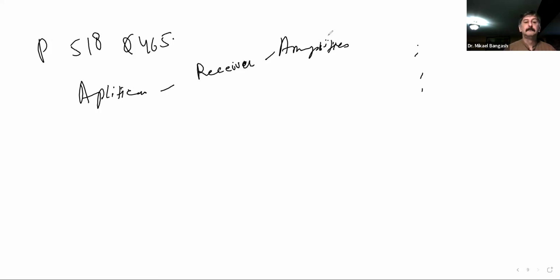Did that make sense? Good. Then some of you say, wouldn't the demodulator be part of the receiver as well? But demodulation, guys, first of all, doesn't do anything to the intensity of the signal.